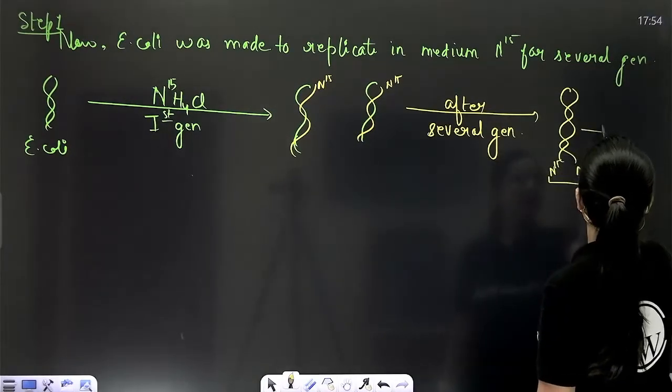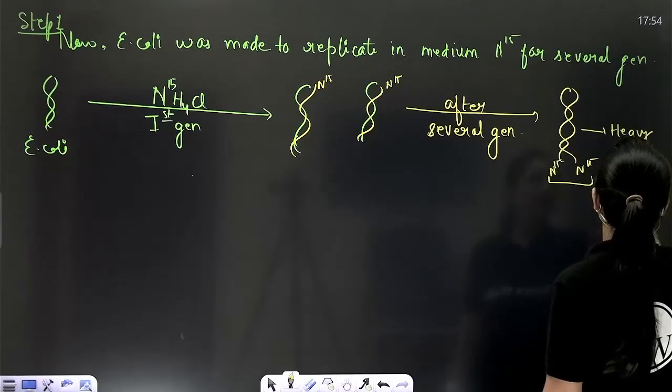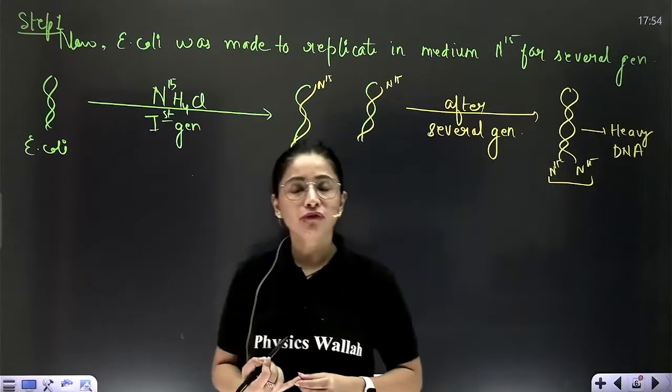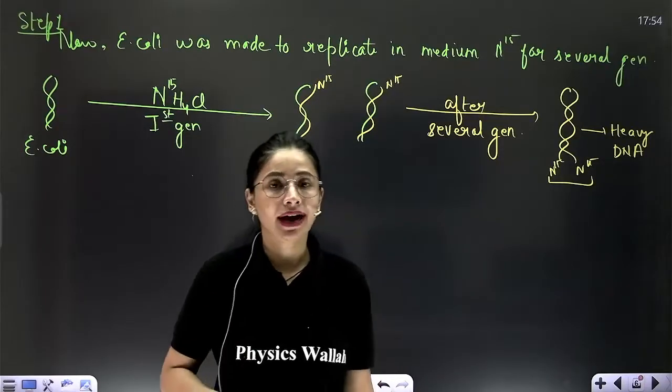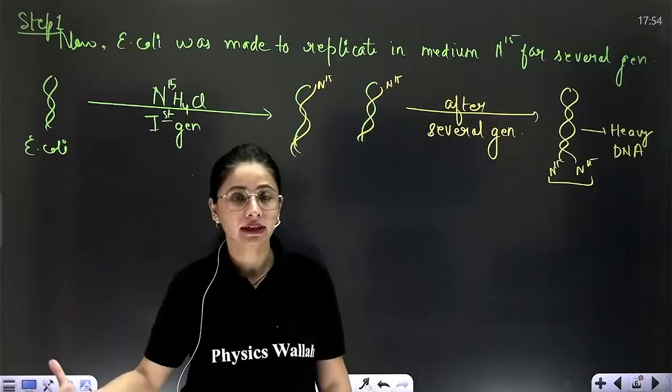Such DNA in which every strand has become N15 is known as heavy DNA. So the first step of the Meselson-Stahl experiment is to make the E. coli DNA, normal DNA, turn into heavy DNA.